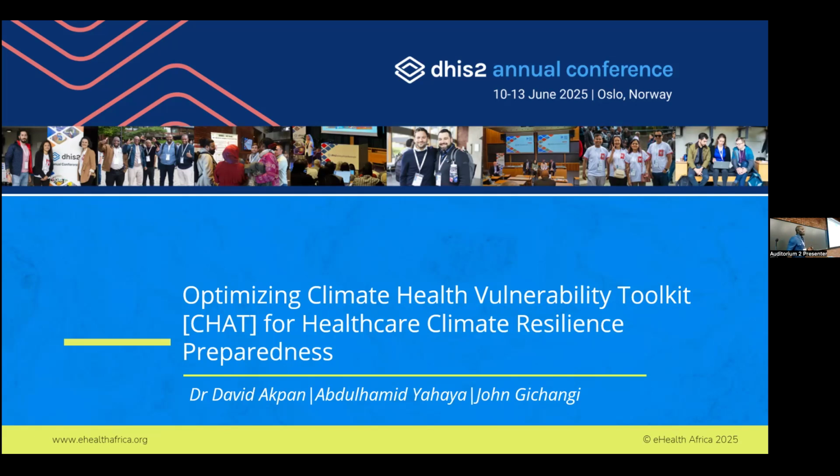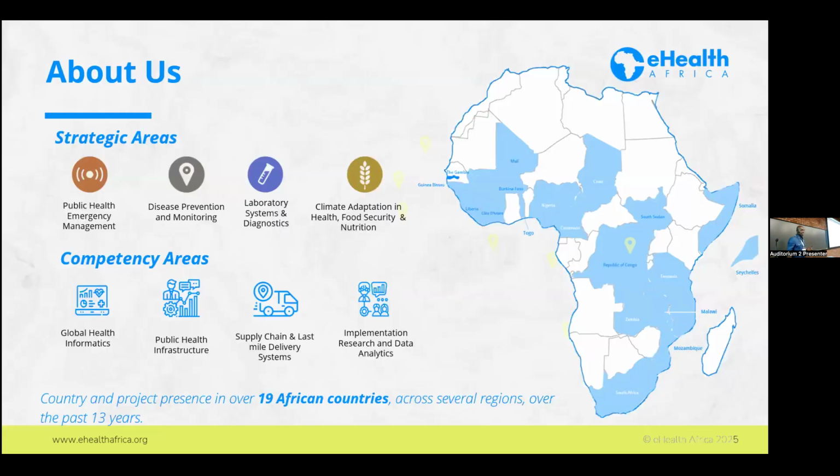At eHealth Africa, what we do is quite simple. We strengthen health systems and we respond to public health emergencies, especially in vulnerable and underserved communities in Africa. The climate health vulnerability assessment tool that we're going to be talking about today is integral to one of our core thematic areas, climate adaptation in health, food security, and nutrition.